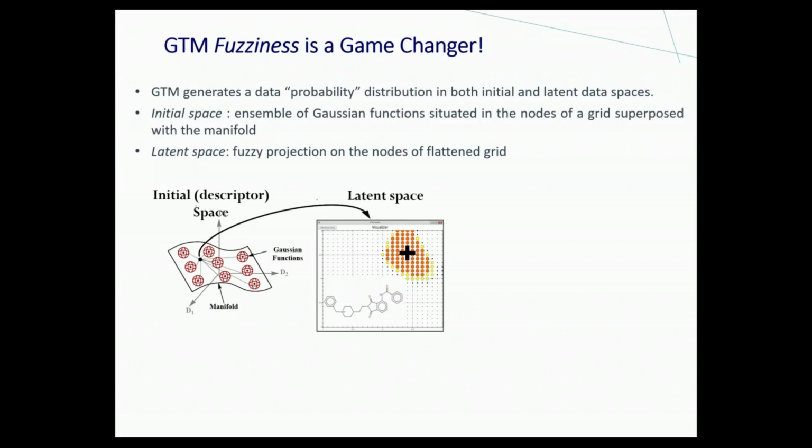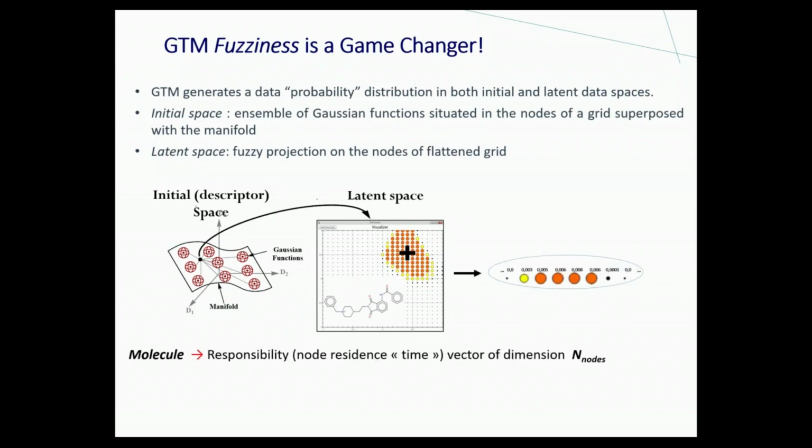And the molecule will be represented on the map by a cloud of, you could call them probabilities, but I don't like it because there's nothing stochastic in here. This is just degrees of association, and the technical term is responsibility. So this is a responsibility vector that defines the mapping of my compound. If you really want to have the compound in one point on the map, it will be the mass center of the responsibility cloud. But beware, right?